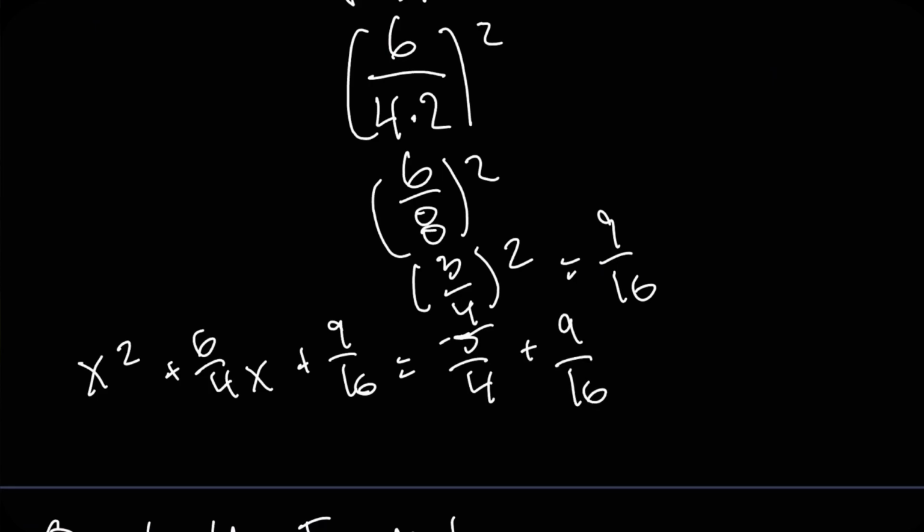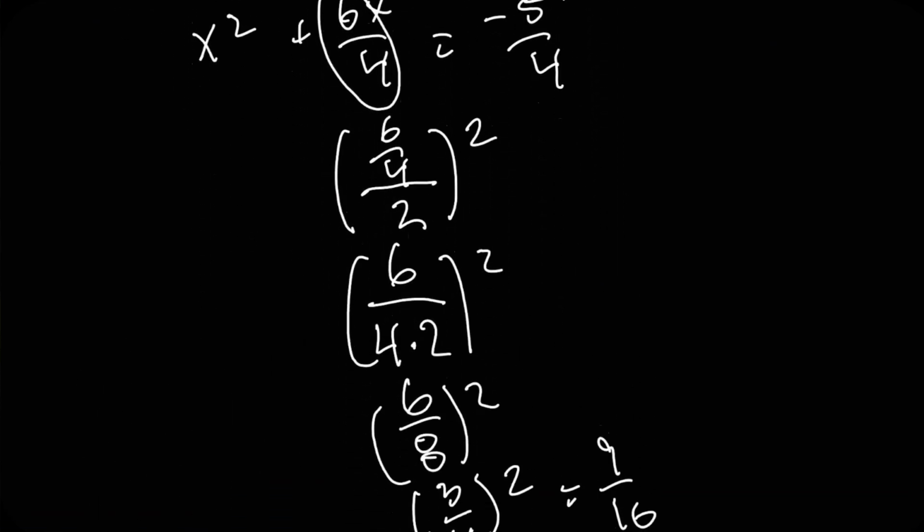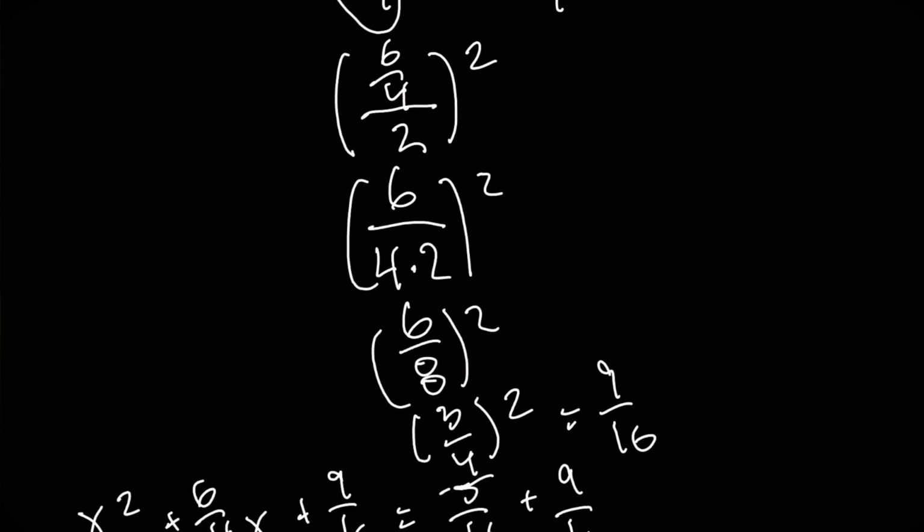And then further reducing this, let's see, we'll give ourselves some space over here. Let's take x squared plus 6 fourths x plus 9/16, and that's going to be equal to negative 11/16.